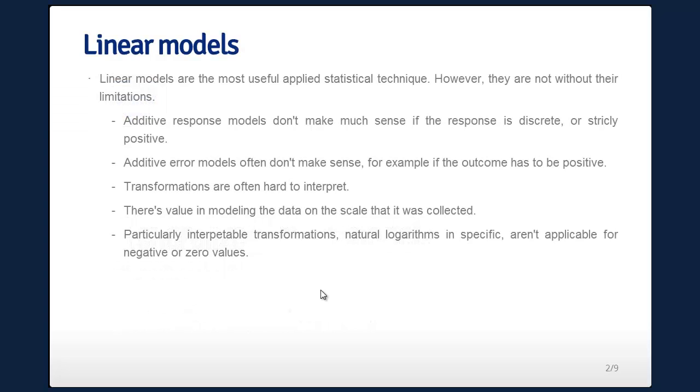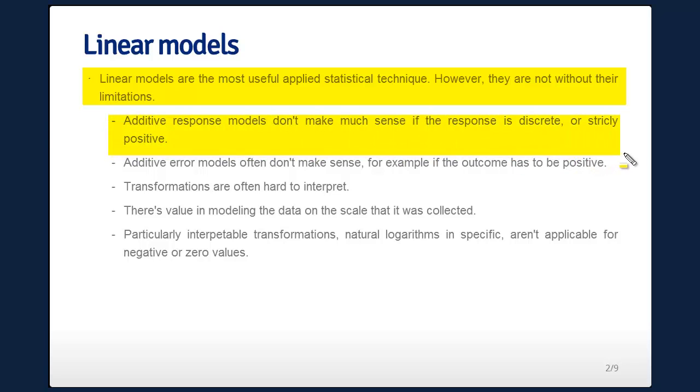Okay, so linear models, to me, other people might dispute this, but to me, are the single most useful applied statistical technique. But it's not like they're limitation-free. So a couple of limitations come to my mind. First of all, additive response models don't make much sense if the response is discrete.